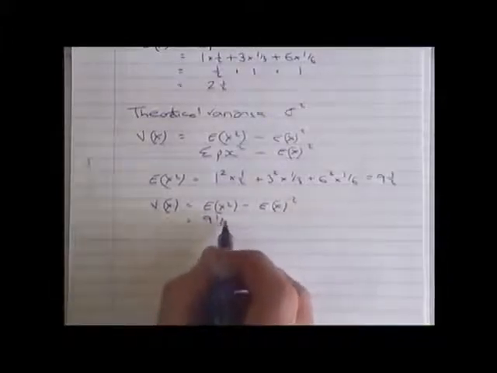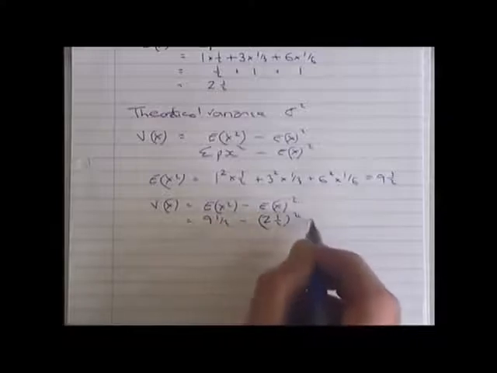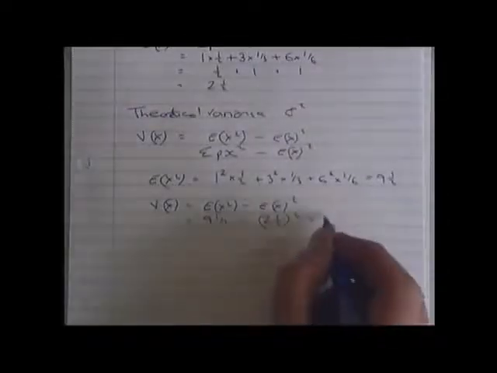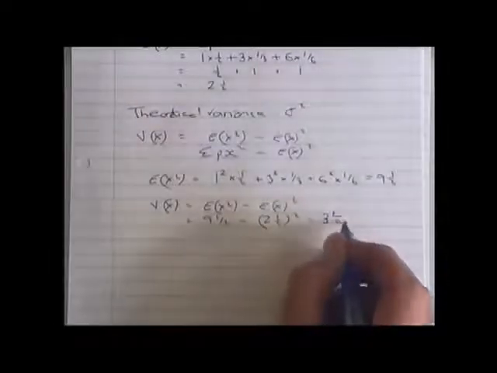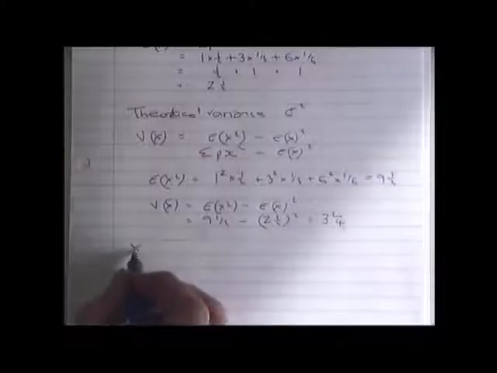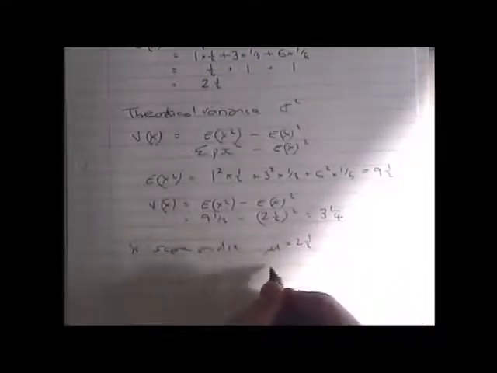So that's our 9.5 take away our 2.5, all squared. Do you want to work that out, or would you like me to tell you the answer? Tell us the answer. 3.25. Okay, so what we have here is x is the score on the die, and we have just worked out mu is 2.5, the mean, and the variance is 3.25.